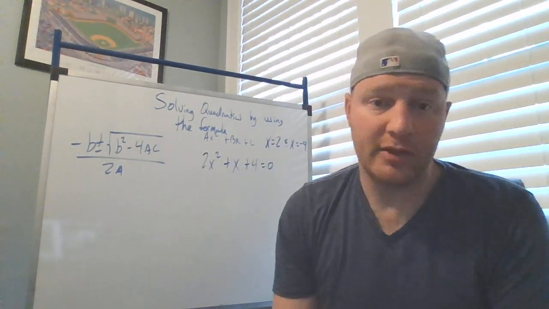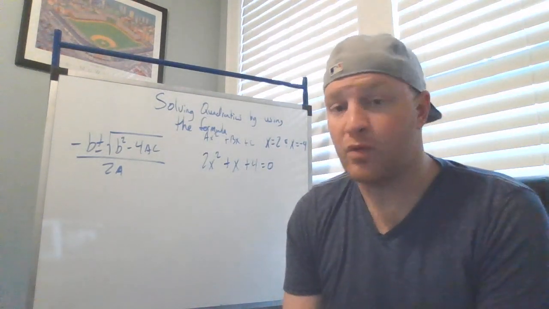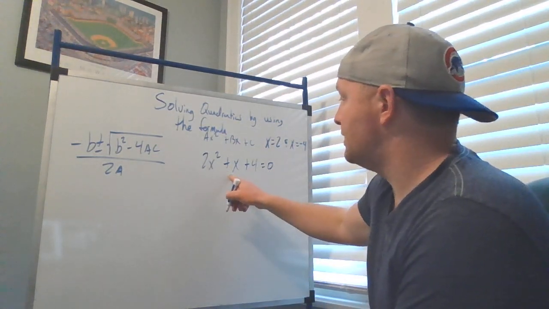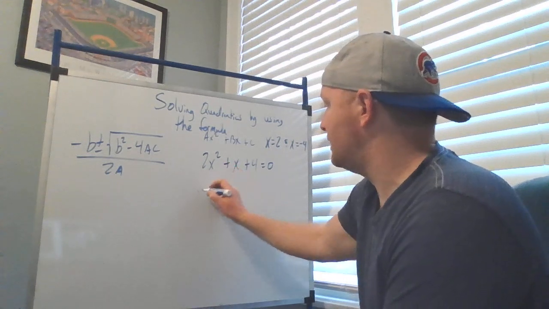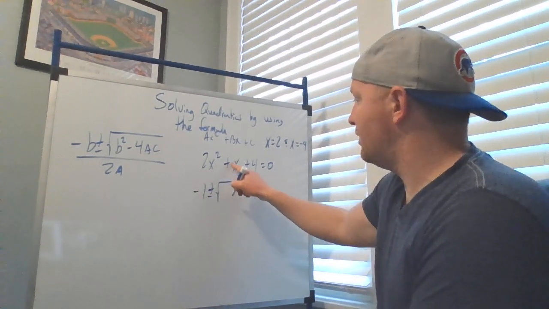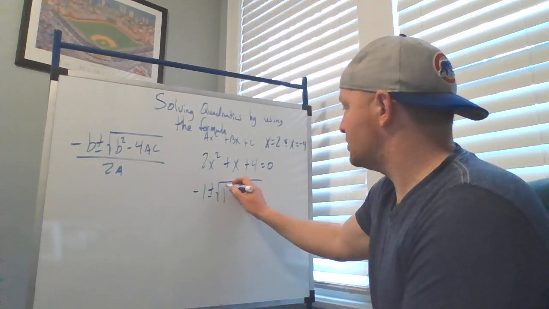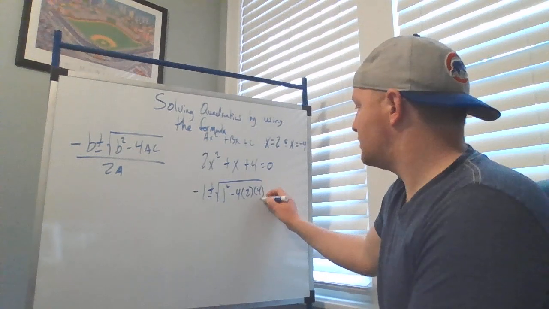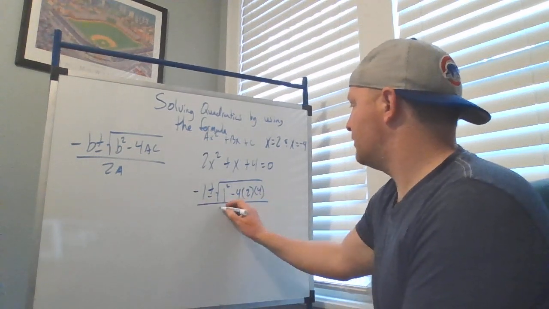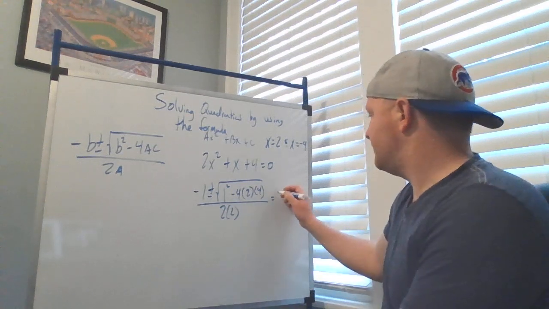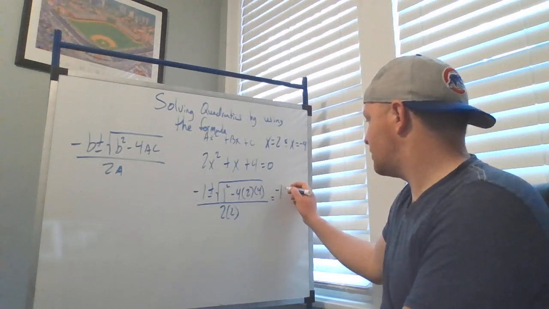I randomly made this one up, and I know that it's not going to work because watch what's going to happen. Opposite of b is right here. Opposite of 1 is -1. Plus or minus b squared, which is 1 squared, minus 4 times 2 times 4, all over 2 times 2.